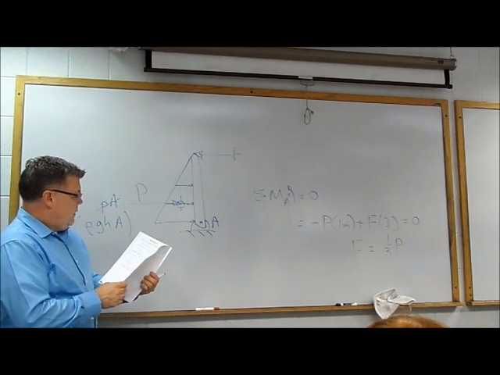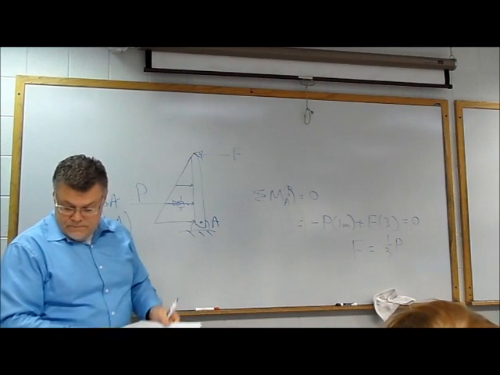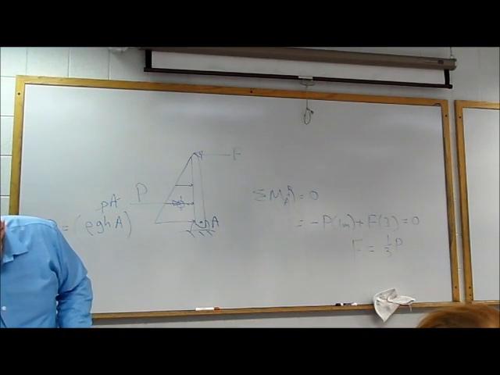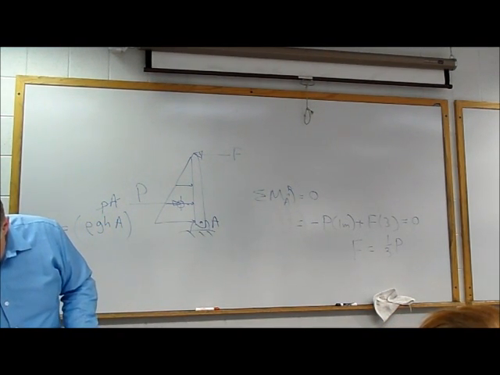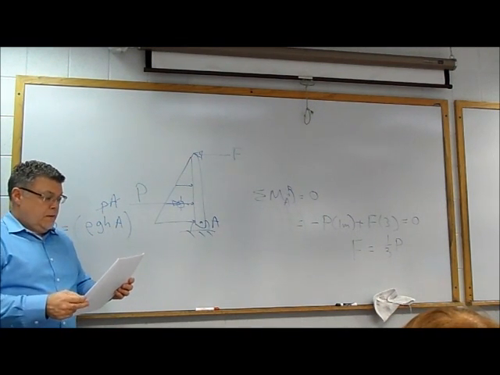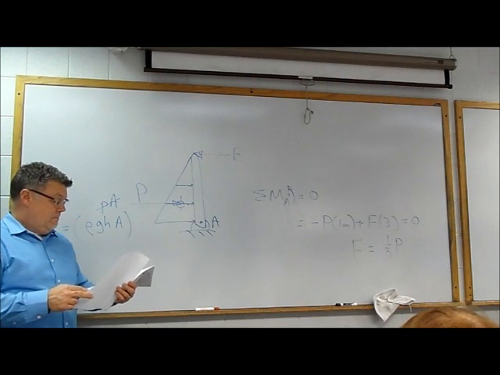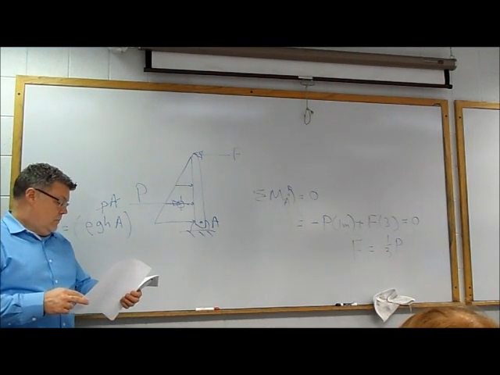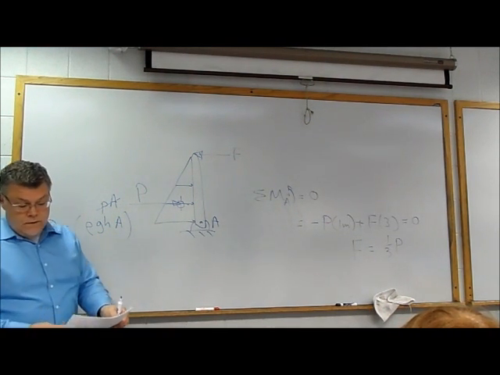So it's 23,537, kilonewtons, 24. So let's see, is C the right answer? There you go.